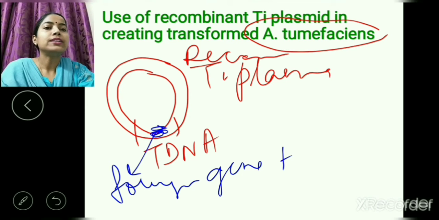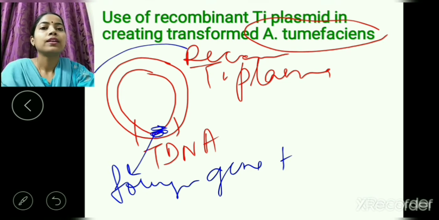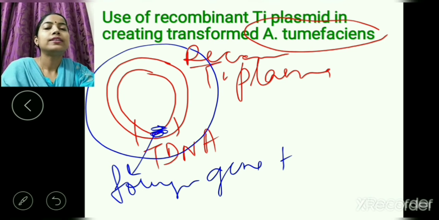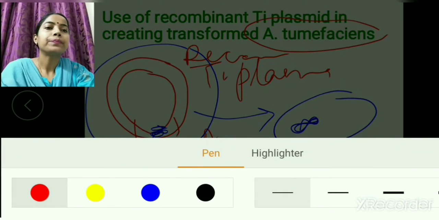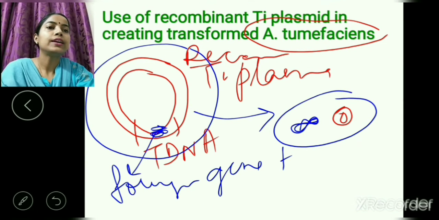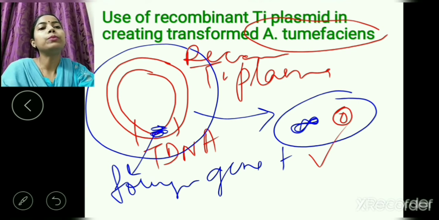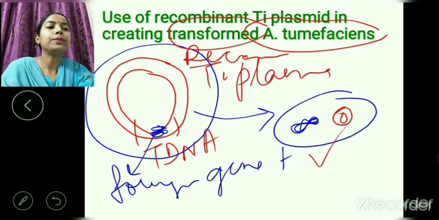So once this recombinant Ti plasmid is transferred into the bacterial cell, here it is, the Ti plasmid, that is the recombinant one. This Agrobacterium tumefaciens will now be called recombinant Agrobacterium tumefaciens or transformed Agrobacterium tumefaciens.